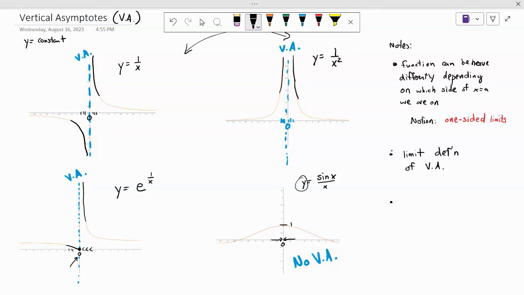Another thing that you're going to be expected to make a distinction between is if a limit is infinite. If the function goes to infinity or minus infinity, you have to distinguish which one it is. Is it plus or minus infinity?